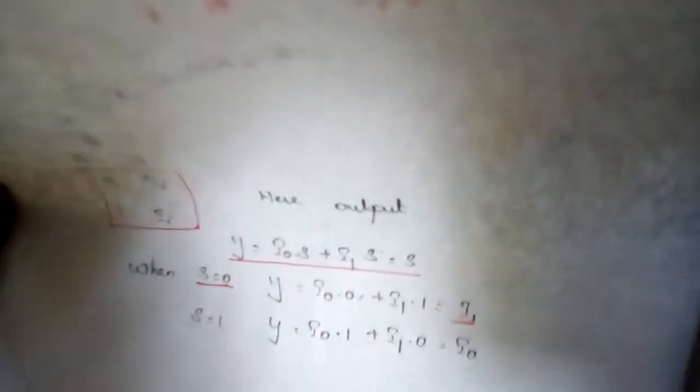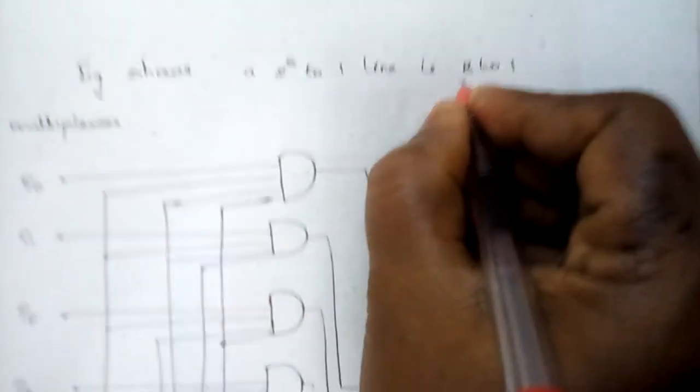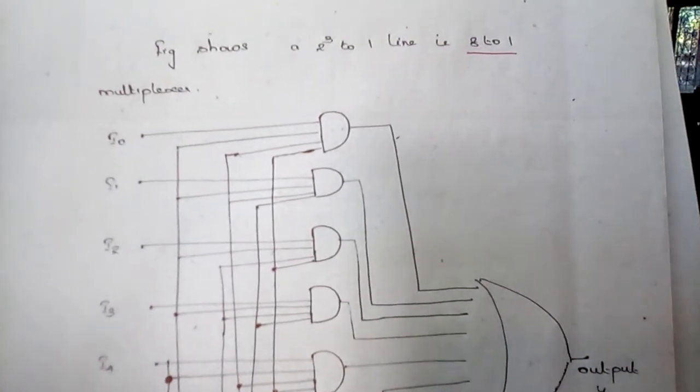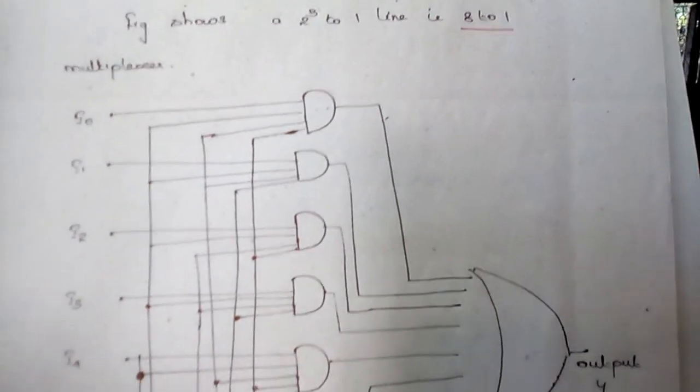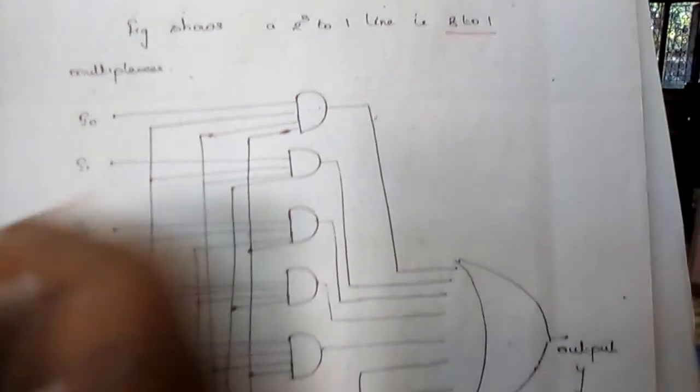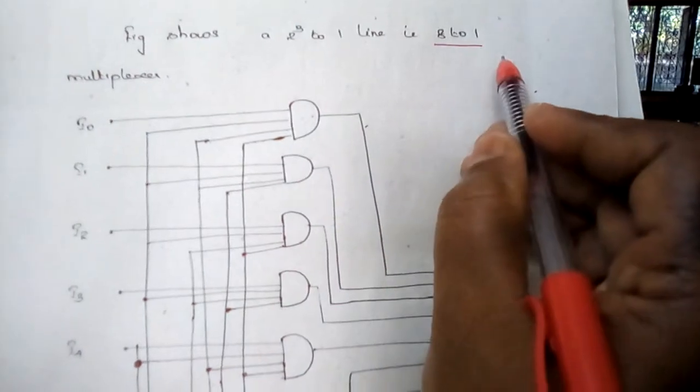Next, let us see the figure of the 8 to 1 multiplexer. As discussed earlier, we have covered the 4 to 1 multiplexer and the 2 to 1 multiplexer, and depending upon this, we have an 8 to 1 multiplexer.